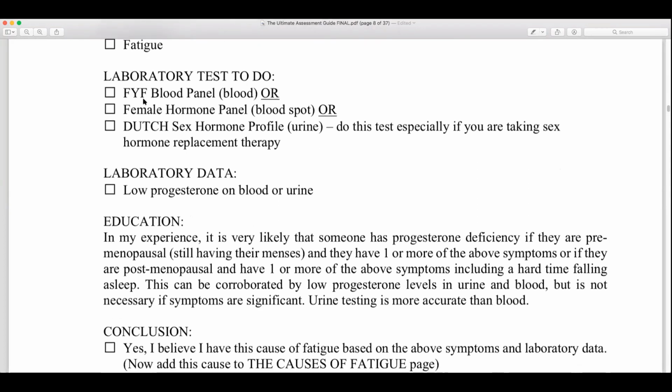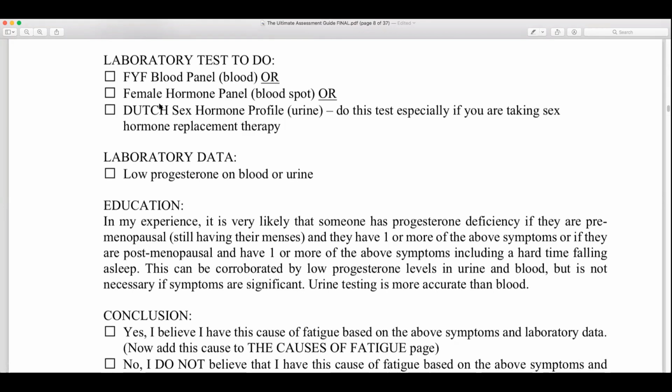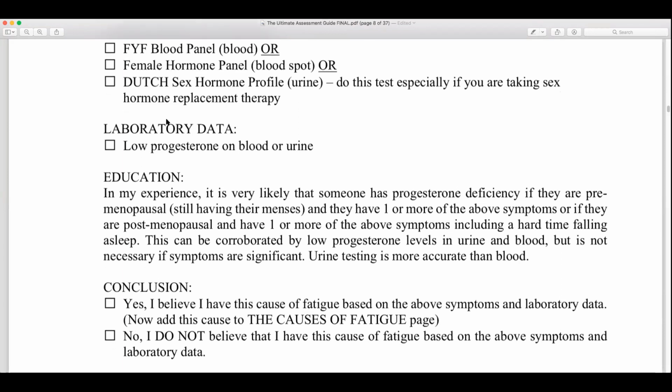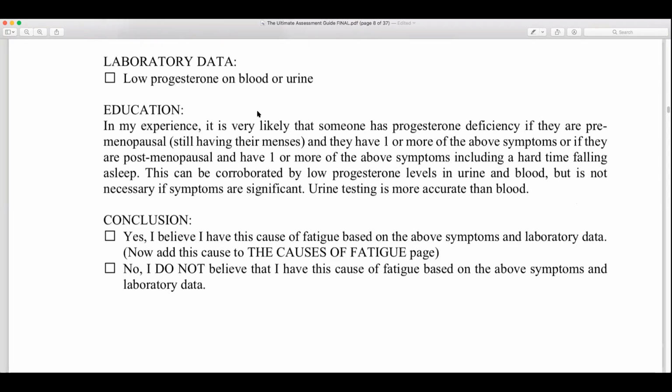So the laboratory tests to do, once again, are the blood panel, the blood spot test, as well as the urine test. Once again, especially important if you're taking sex hormone replacement therapy. And then the laboratory data is significant if you see low progesterone on the blood test, the blood spot test, or the urine test. And here's the education.